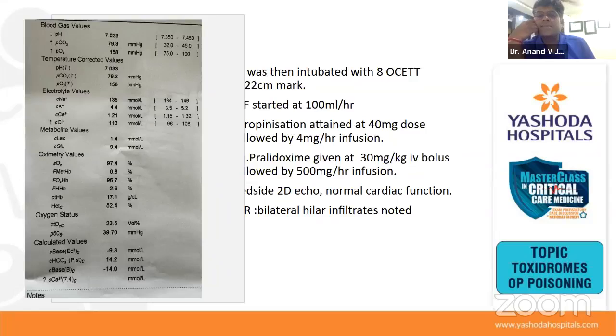Now coming back to what he has asked. What's the evidence? Because you need to know this evidence. This will be asked in DrNB finally, might be missed in IDCCM, but it is one of the evidence questions, whether PAM should be given. This is particularly true because the study was from India.